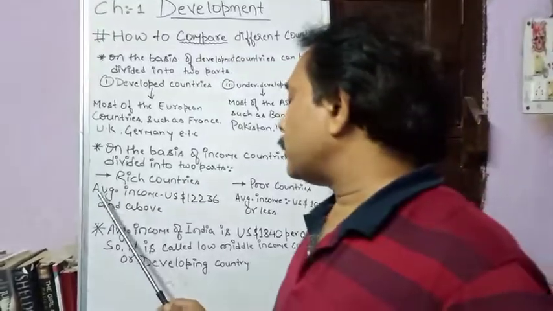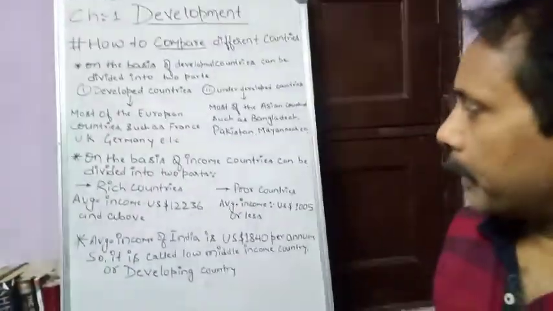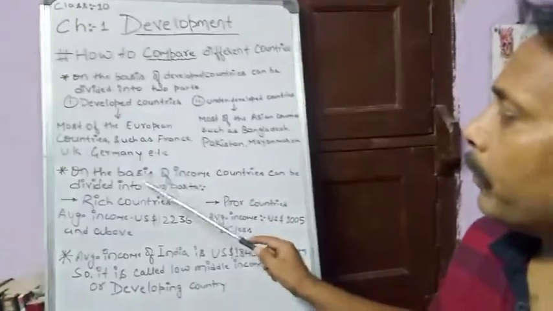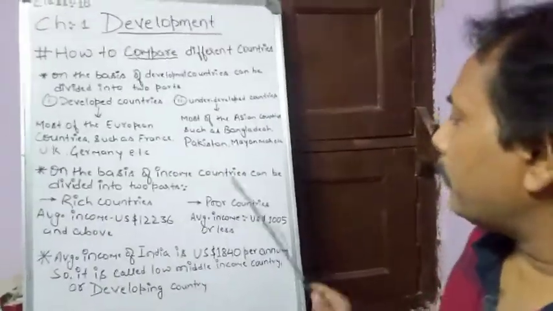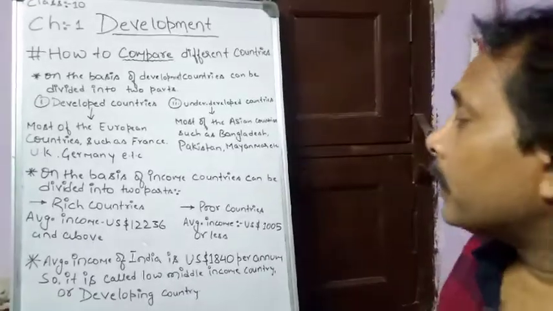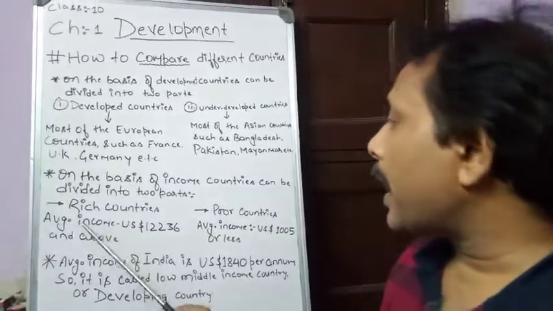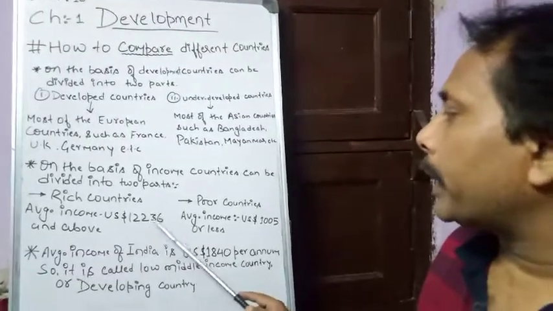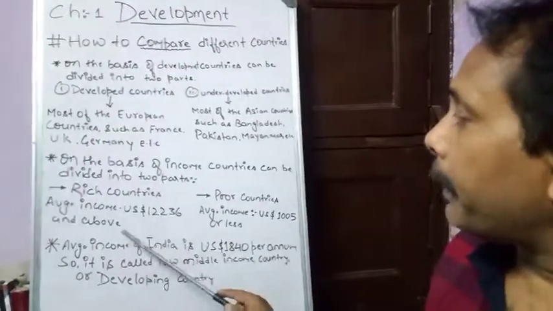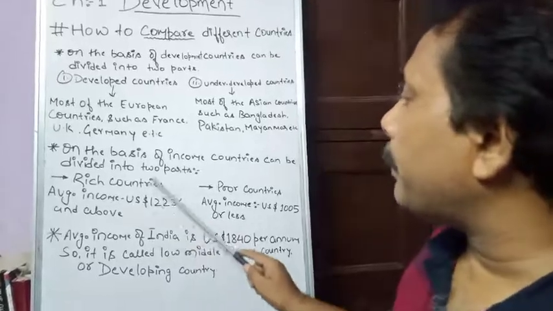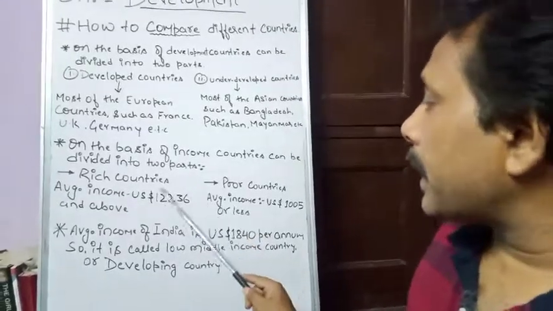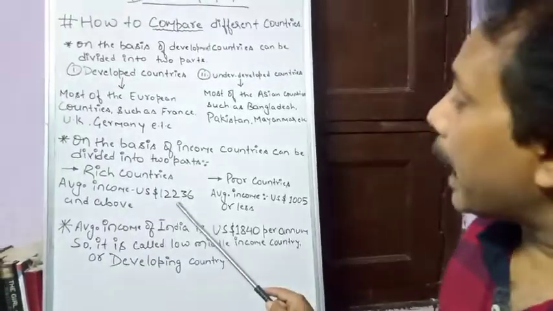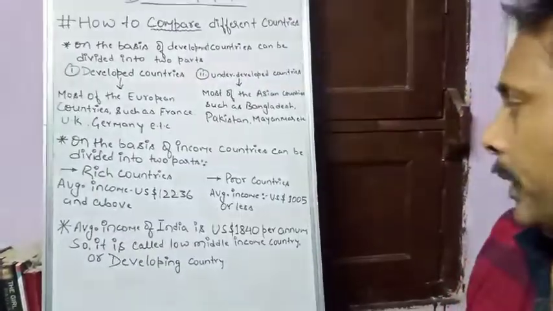According to the World Bank, the average income is taken to determine which country is rich and which country is poor. The countries where the average income is $12,236 and above are known as developed countries, and this amount, 12,236, is annual, not monthly.